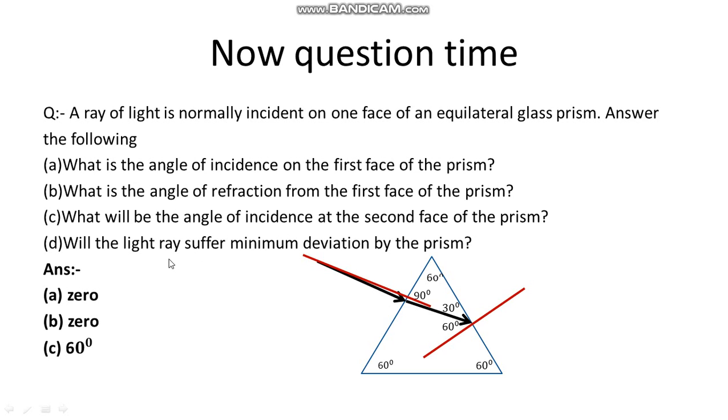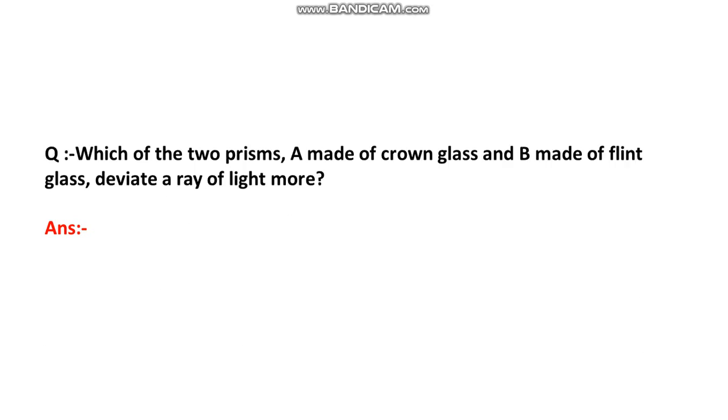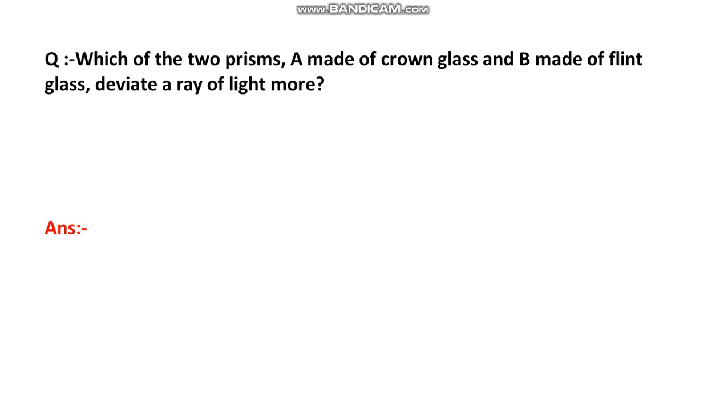Now, will the light ray suffer minimum deviation by the prism? Inside the prism, the refracted ray is not parallel to the base of the prism, so it does not. Our answer is no. Next, which of the two prisms, A made of crown glass and B made of flint glass, deviates a ray of light more?